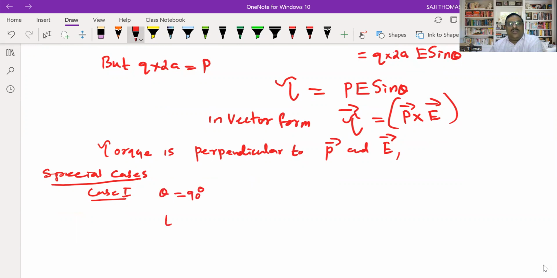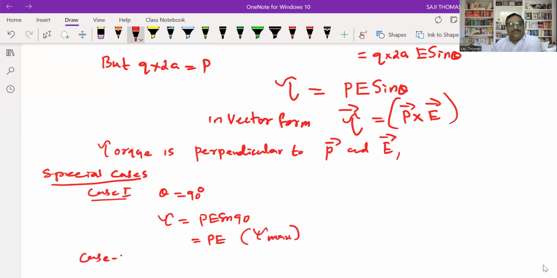So what will be torque? Torque equals P sine 90 is equal to P into E. In this case, torque will be maximum. You know, sine has maximum value when the angle is 90 degrees. This I am writing tau max.